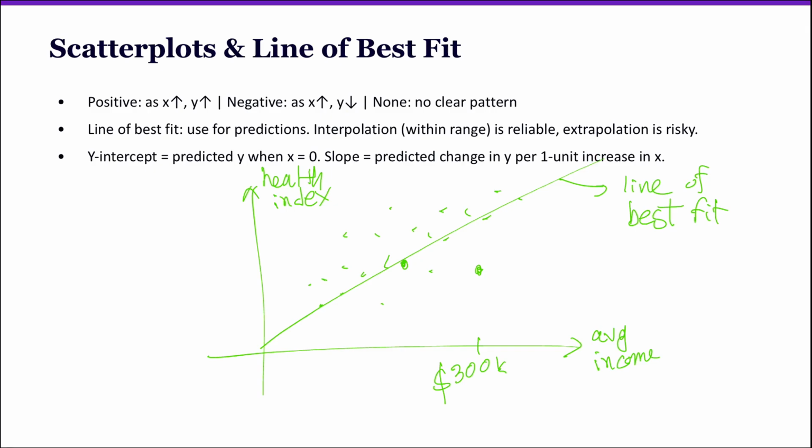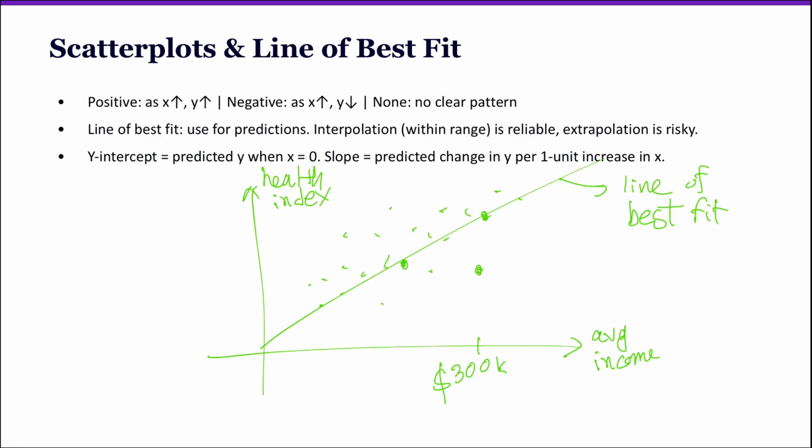And secondly, our actual line, the line of best fit, which is taking all these points into account and trying to predict the line that's the closest to representing the pattern demonstrated by all this data, actually reports a higher average health index for people making $300,000.